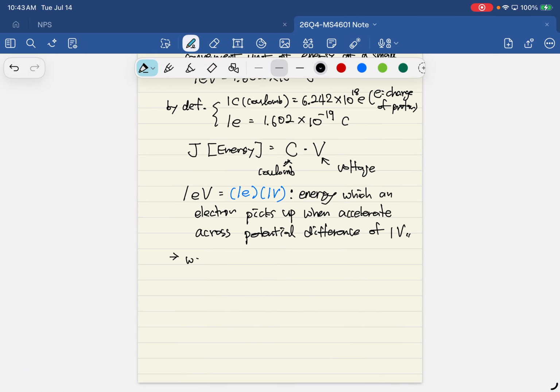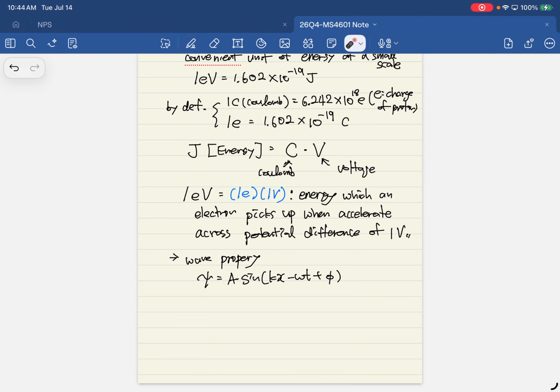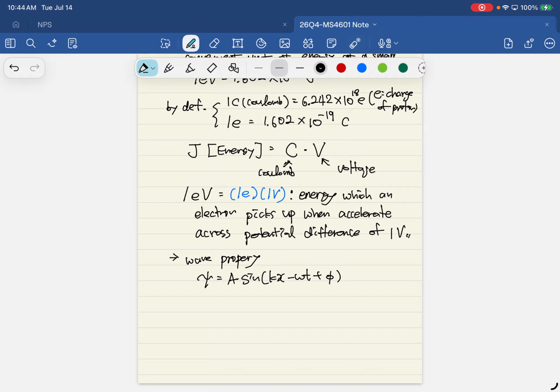Maybe I'll write it down. As we discussed in earlier sessions, the wave can be described by this simple form, and this expression gives the intensity of light.